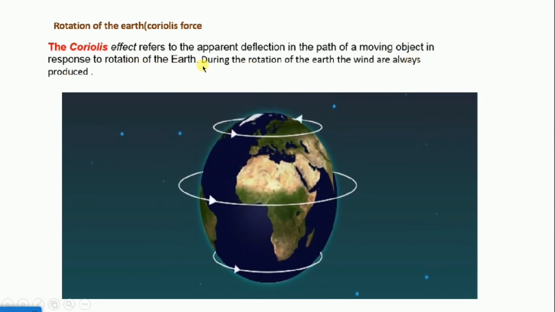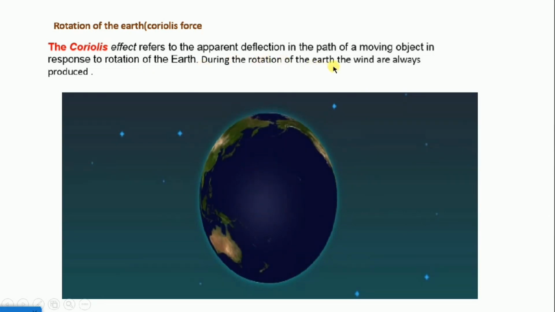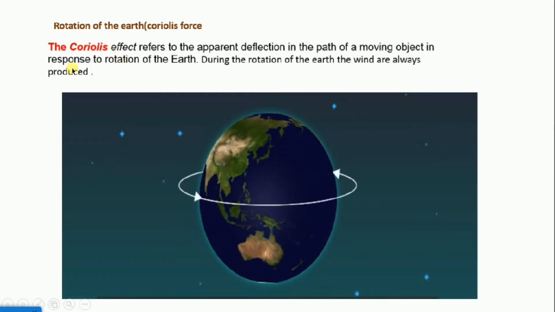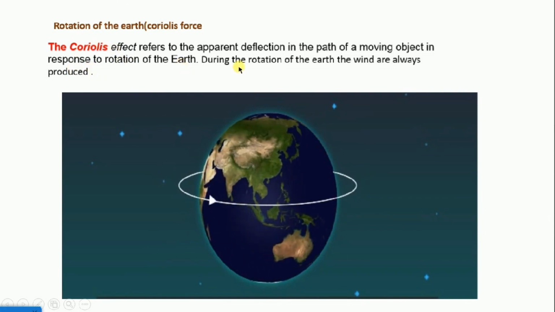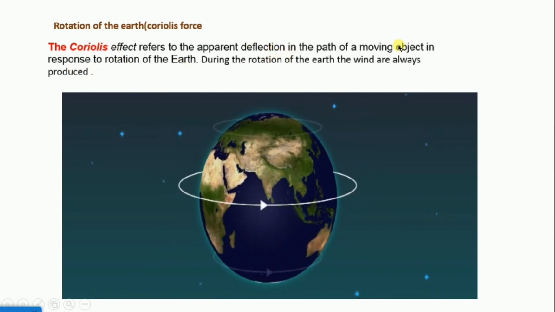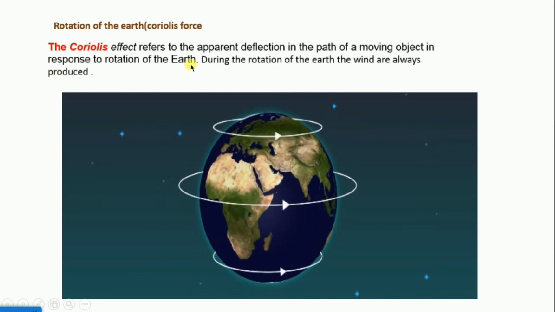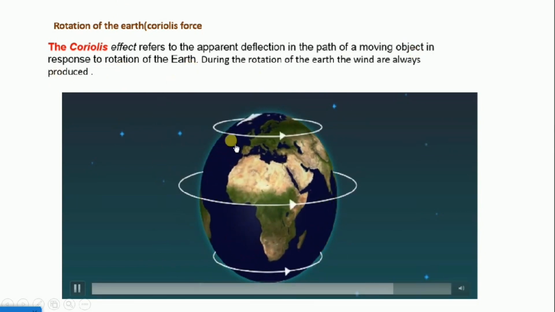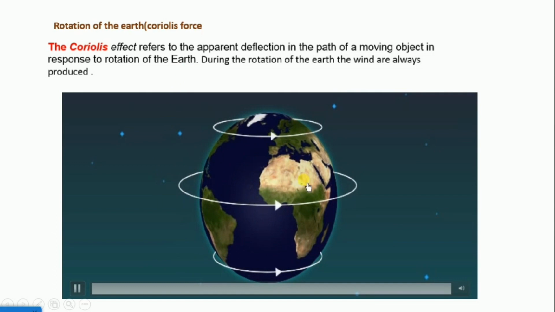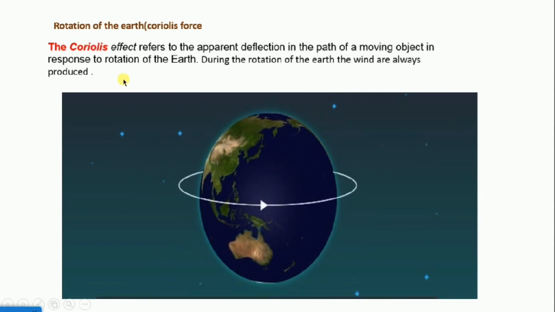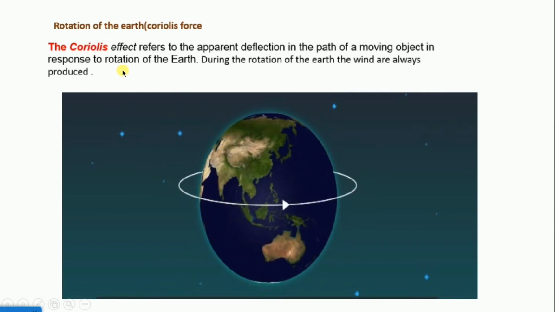During the rotation of the earth, winds are always produced. As we have defined, Coriolis force is the deflection of a moving object in response to earth rotation. While the earth rotates from west to east, it produces some kind of winds due to earth rotation.